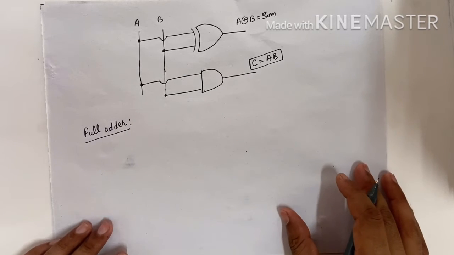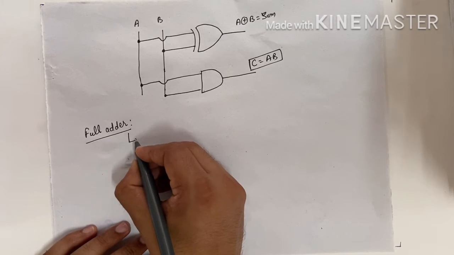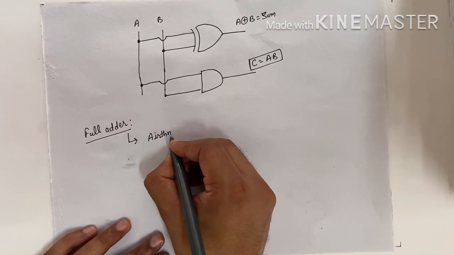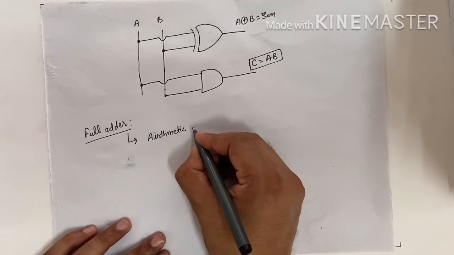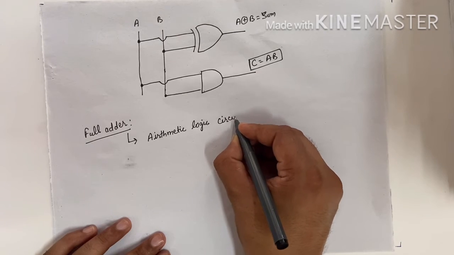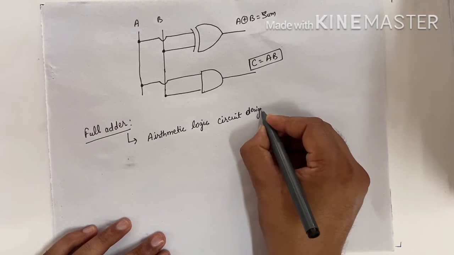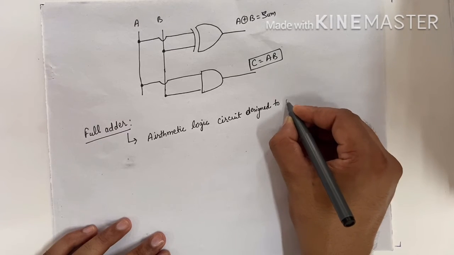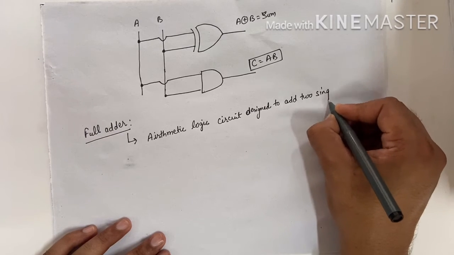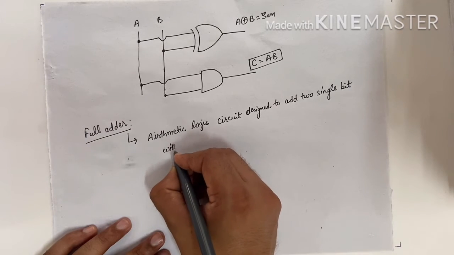The full adder is an arithmetic logic circuit designed to add two single bits with a carry.